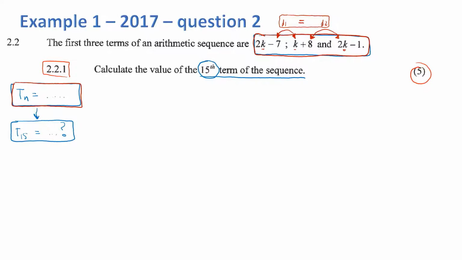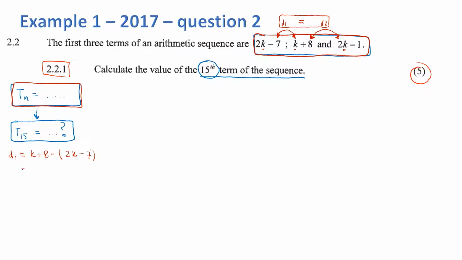Okay, let's do that. I'm going to do it here in the left-hand corner. I'm going to do D1. That equals k plus 8 minus, brackets, 2k minus 7.